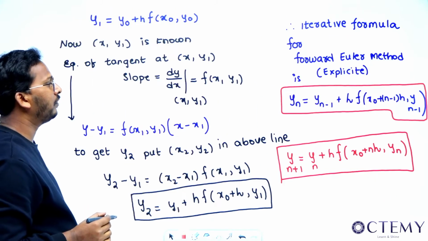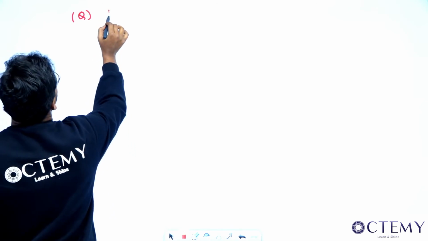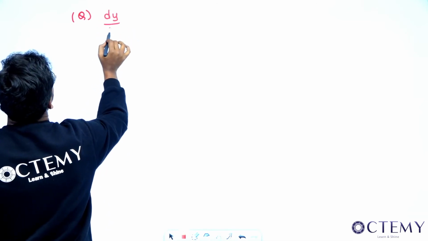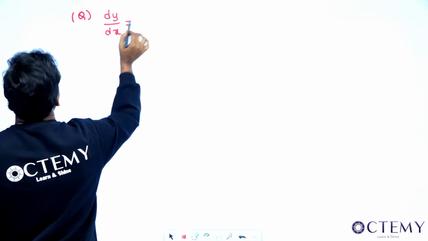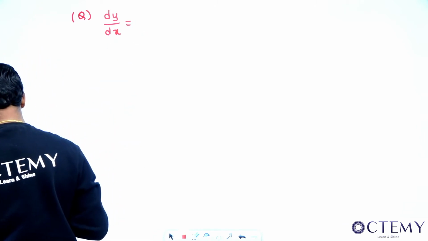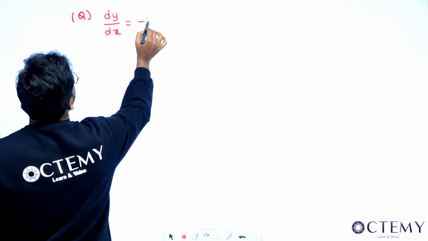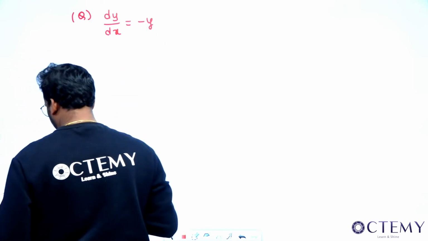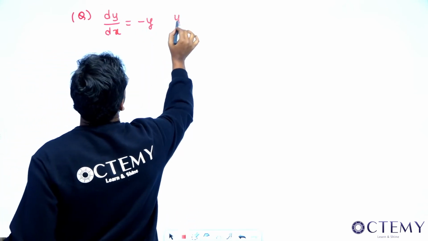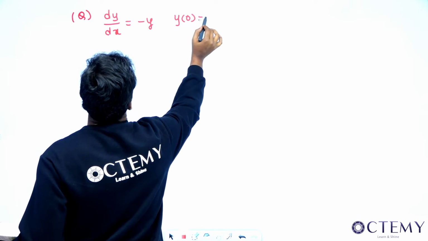Say if I want to give you a small question on this, if they want to ask you a question, say the question is like this. It was asked: y dash, that is dy by dx, is equal to minus y, with initial condition y0 is equal to 1.